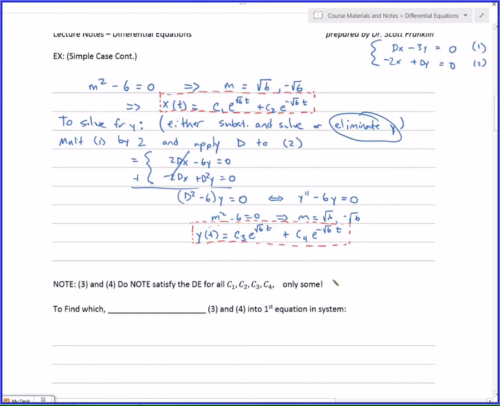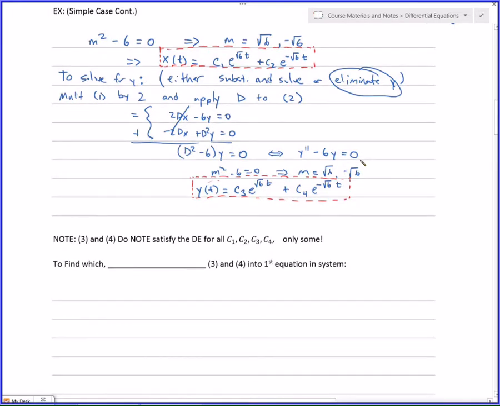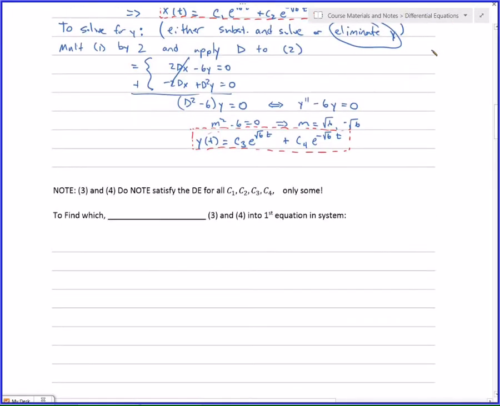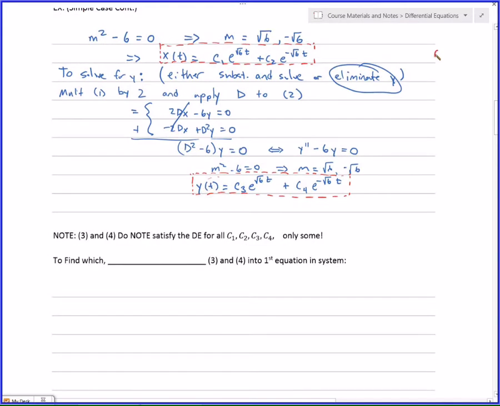4. And because of our introducing of a new d, that is, when we apply d, we get extra parameters in our problem. So what this actually says is that this, which I'm going to label as 3 and 4, do not satisfy the differential equation for all possible C1, C2, C3, and C4.